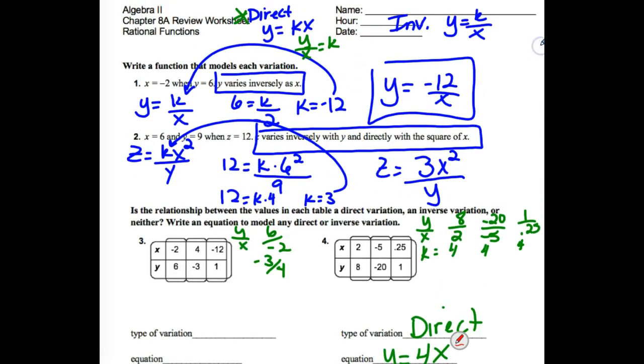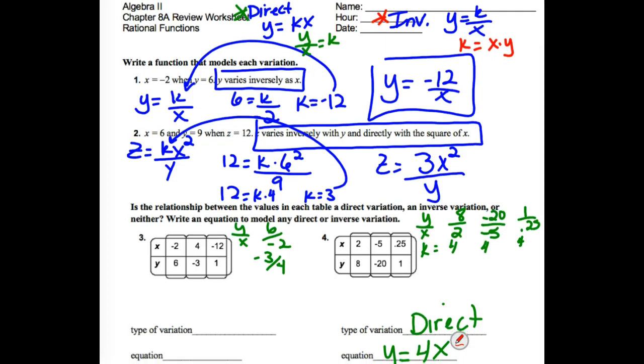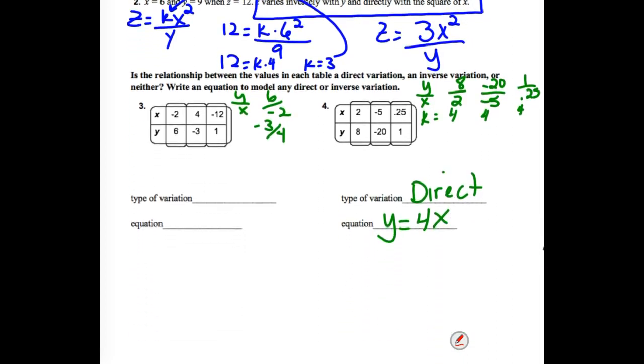If it's inverse variation, and we solve for k, then x times y has to come out constant. So let's go back and check the one that wasn't direct. What do we get if we take x times y? Multiplying our x's and y's together, we get what? -12 for all of them.